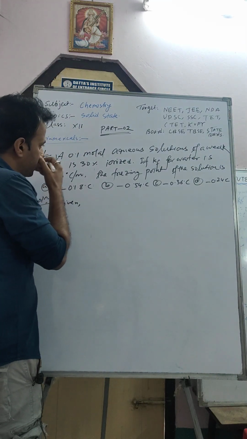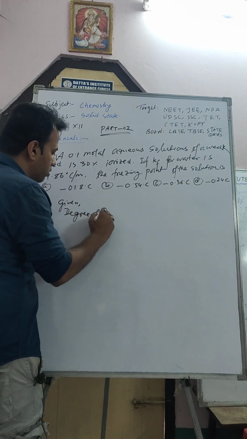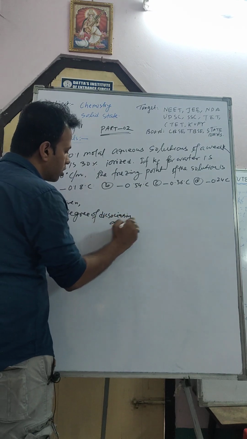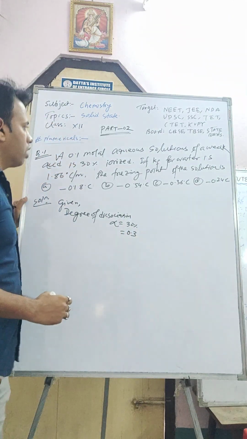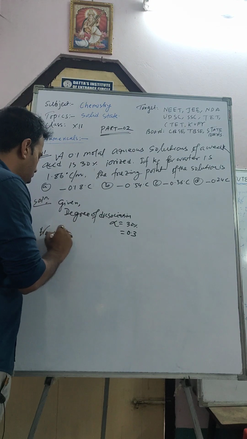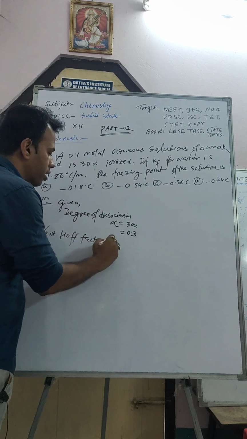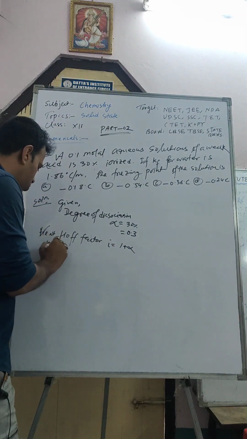Now what is given here? Degree of dissociation, alpha, is 30%. 30% means 0.3. Now the van't Hoff factor i is 1 plus alpha for a weak acid.